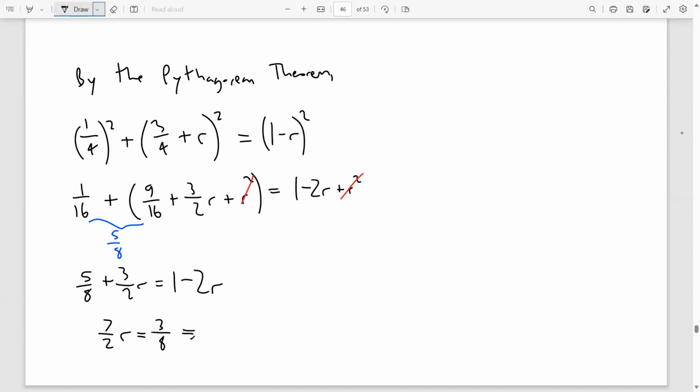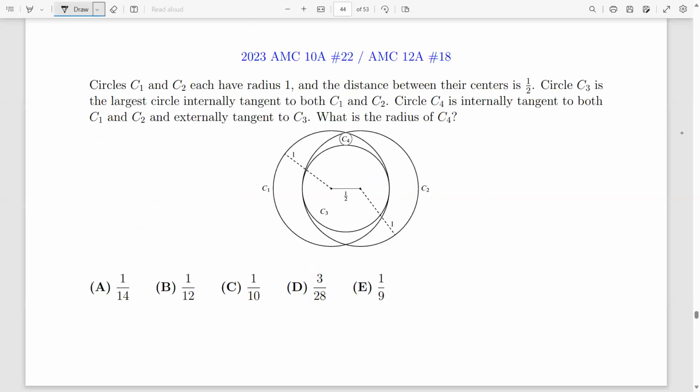Lastly, multiply both sides by 2 over 7 to get r is equal to 3/8 times 2/7, which is equal to 6 over 56. And this simplifies to 3 over 28. So the answer is D.